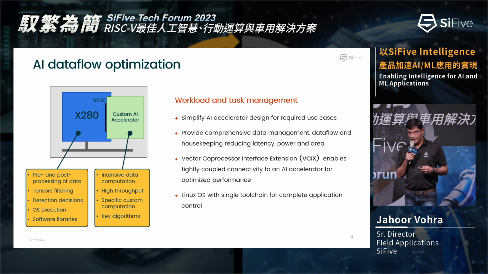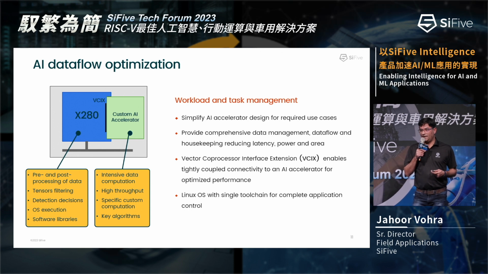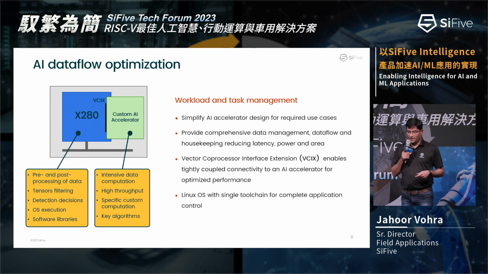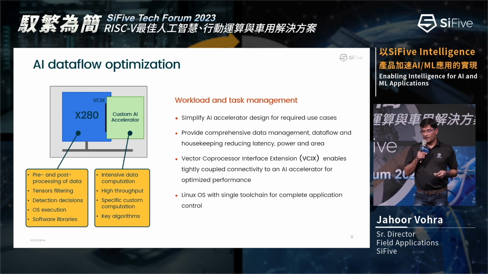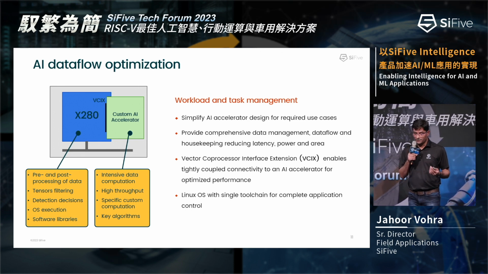But then a lot of times, as the algorithms evolve, you need the flexibility and programmability that typically isn't afforded by fixed function hardware. So that's where the X280 with the vector programming with wide vectors becomes attractive. And then the V6 interface essentially allowed the customer to attach and integrate the accelerator very closely to the vector register files.